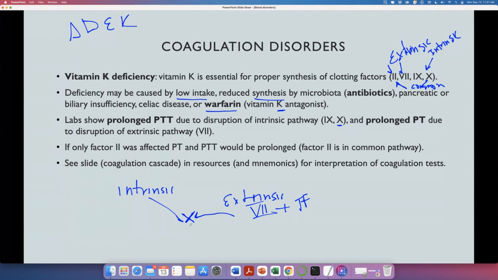So from 10, we can start counting the common pathway. Now, PT is going to be abnormal, prolonged, because of deficiencies in the extrinsic pathway.